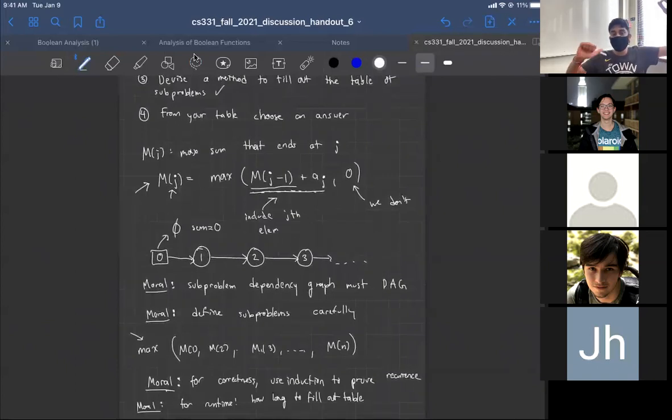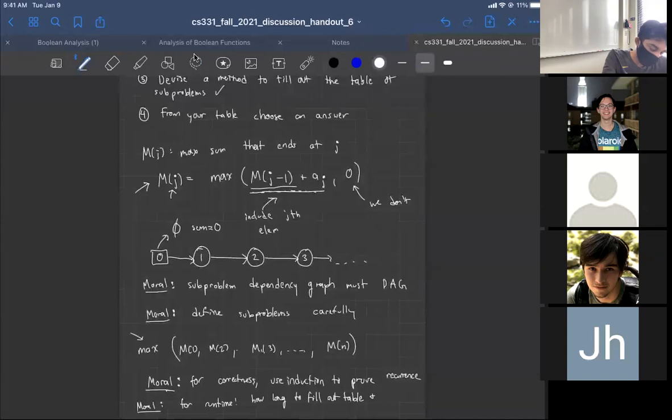You'll have an array. Not every subproblem will take the same amount of time in general. Some will depend on the size of the subproblem. Like some will be the max from i equals 1 to j minus 1, and then it depends on j different subproblems. That's not true in general, but here each subproblem takes constant time to solve. And there are n subproblems, so it takes time n to fill out the table.